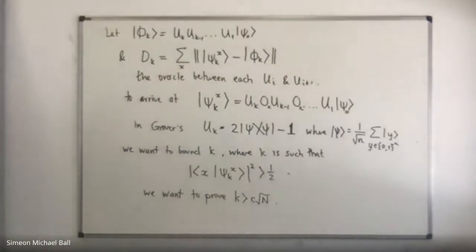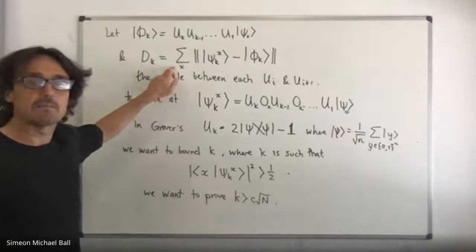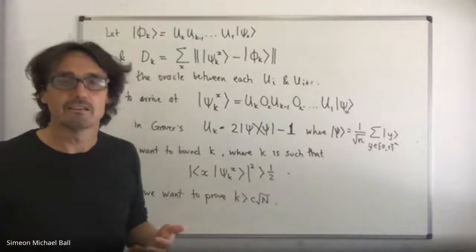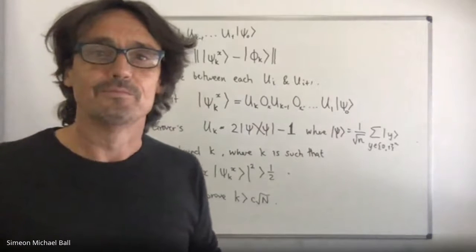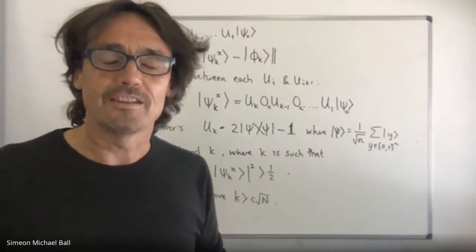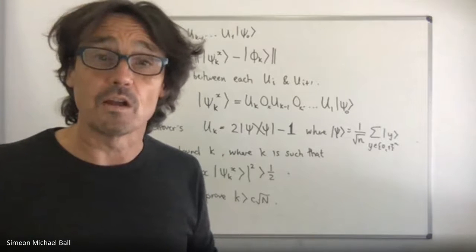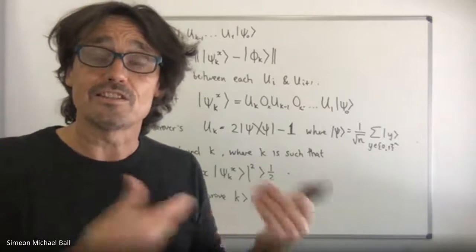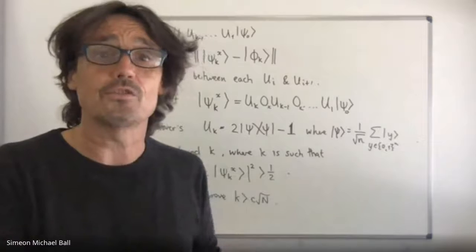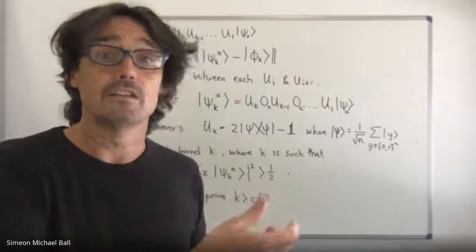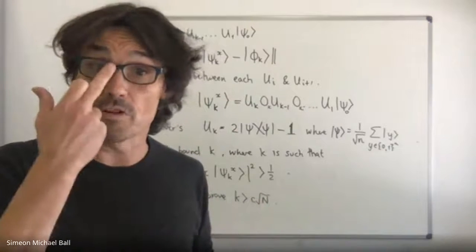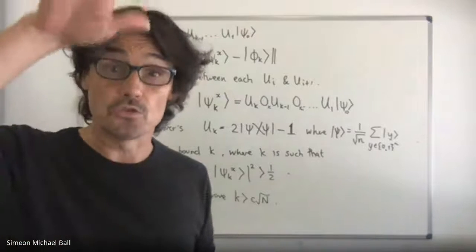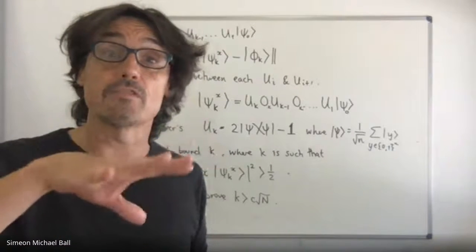Now, it looks a bit strange to sum over x here because we've just said x is the unique value such that f of x is equal to 1. But there's various f's here, so you can think of it like we saw last time in the example with Grover's algorithm, where we drew the oracle for each of the f of x's.